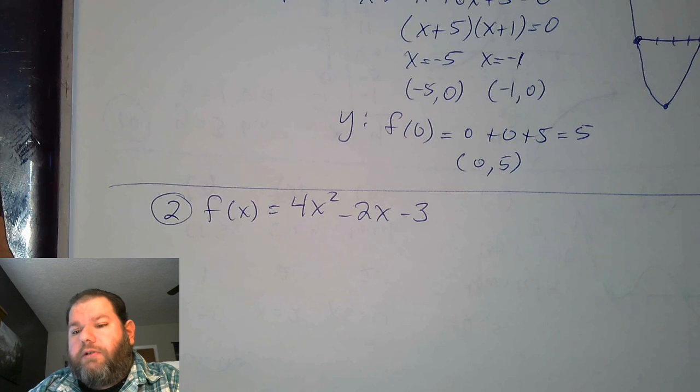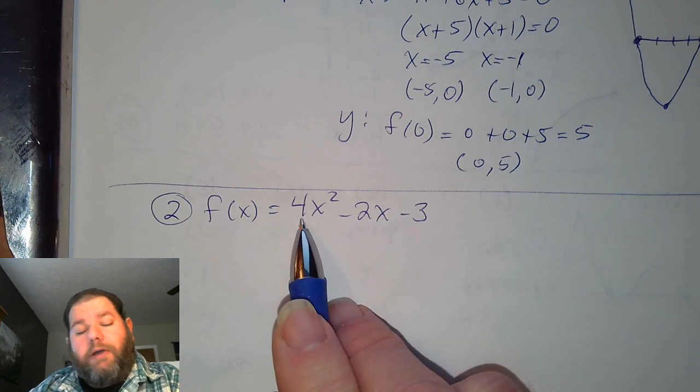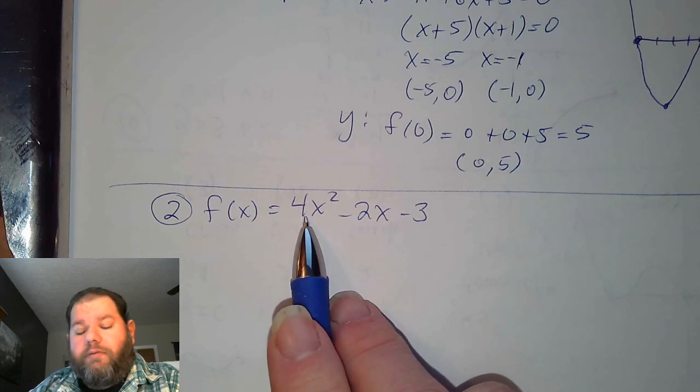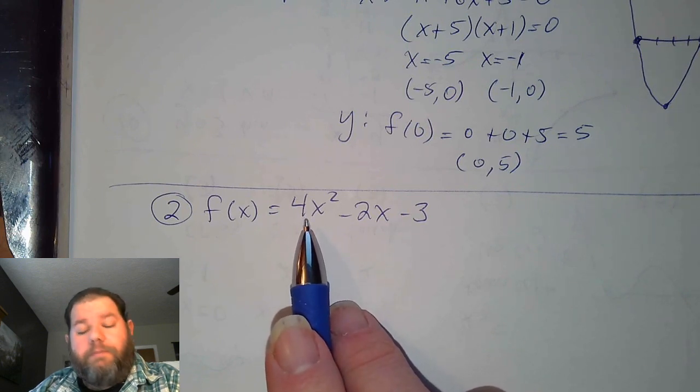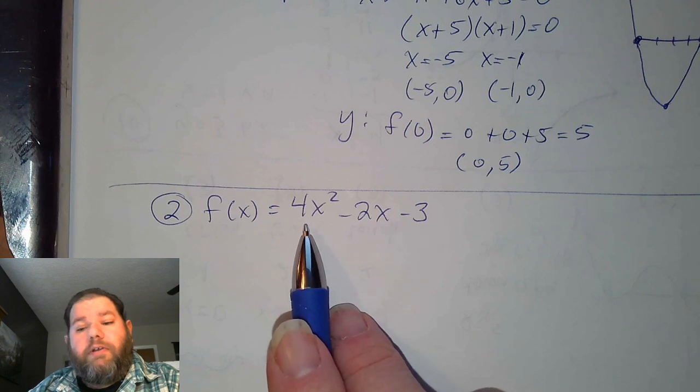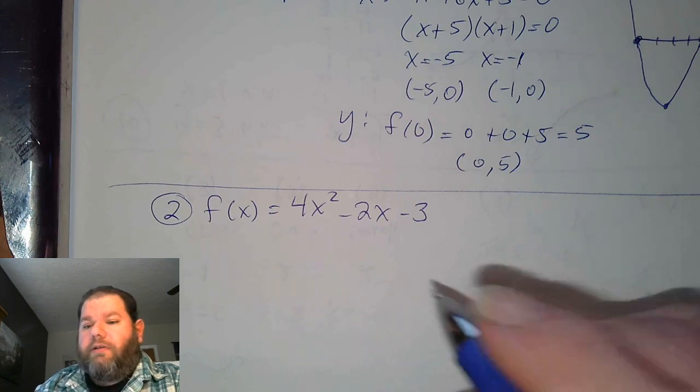So first of all, this one has a positive number in front of x squared. So that means the graph opens up. And because it opens up, that means we're going to have a minimum located at the vertex.